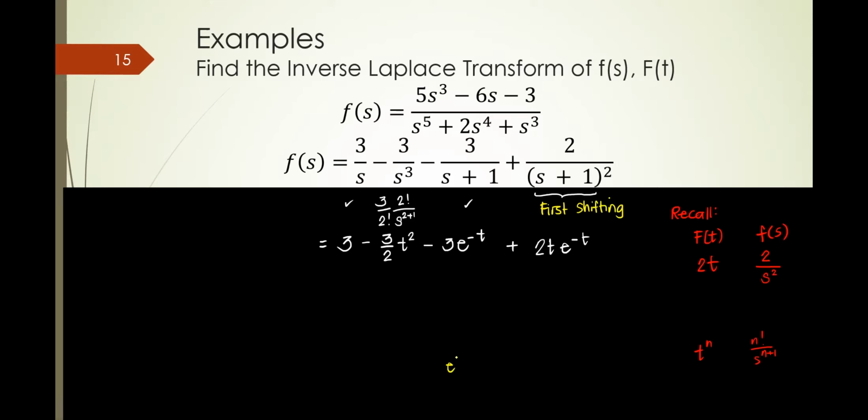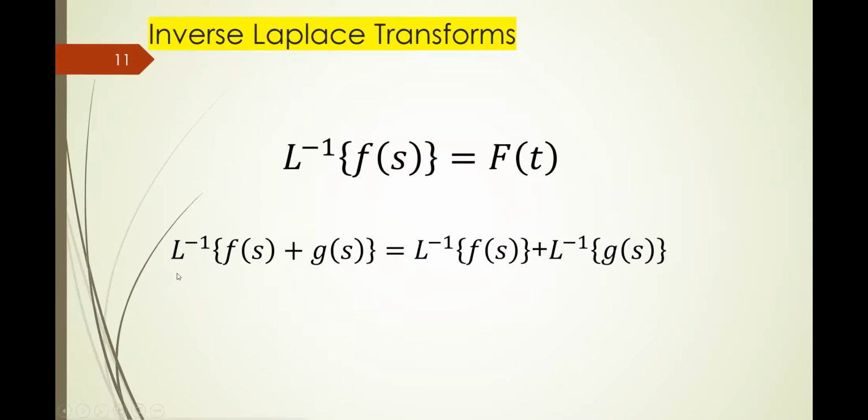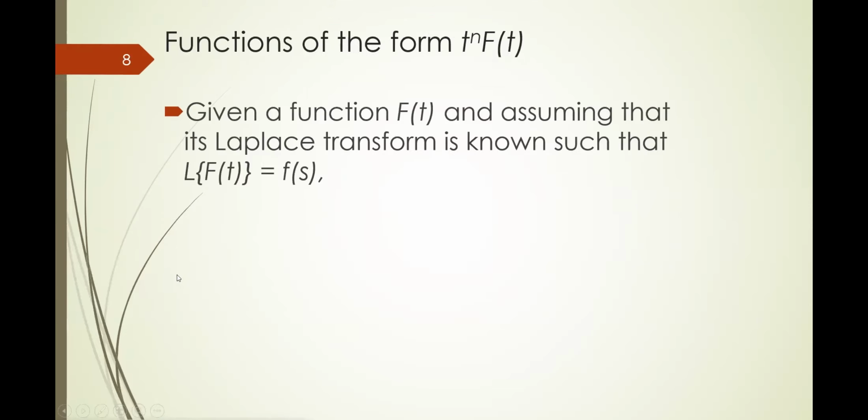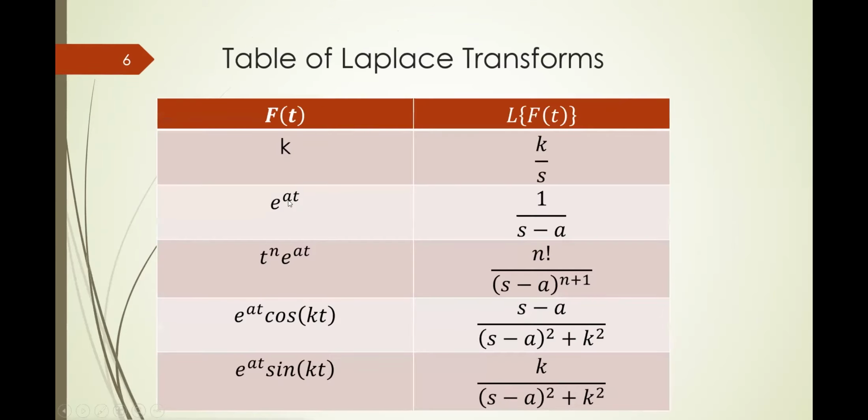In the form of e to the at f of t. Remember? If you can recall this table, there, e to the at becomes that. t to the n, e to the at is this. That's actually this one that I gave you.